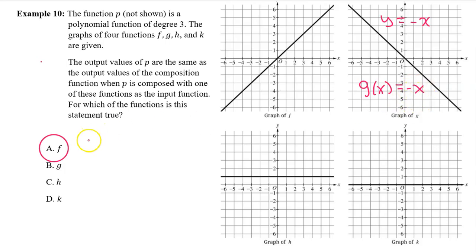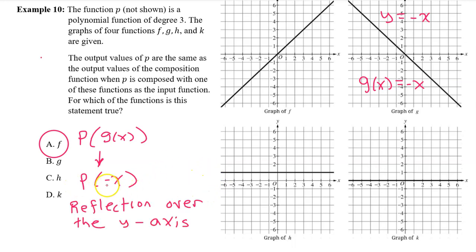I'm writing it this way so we can analyze the composite function p at g of x. p at g of x will become p at -x. Is this the same as p of x? Think of your transformations. We have learned that a negative sign in this position is a reflection of p of x over the y-axis. So this will not be the same.